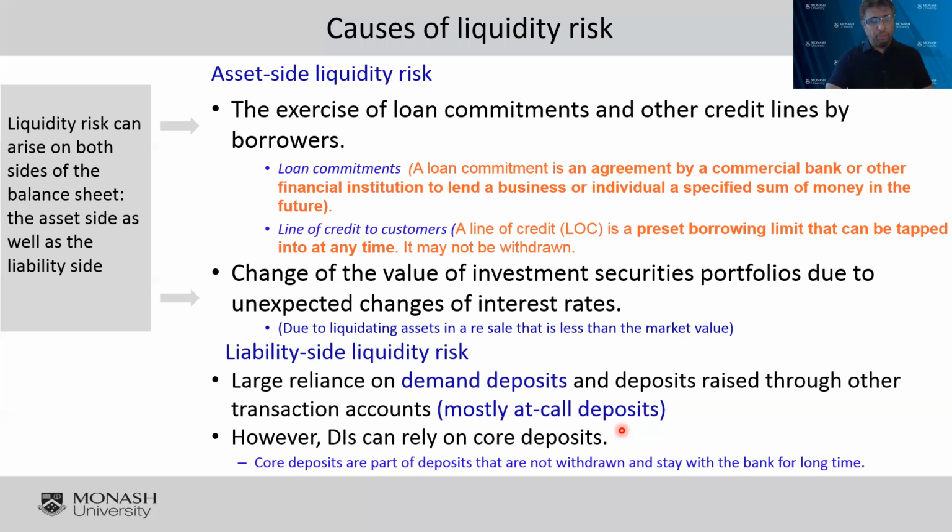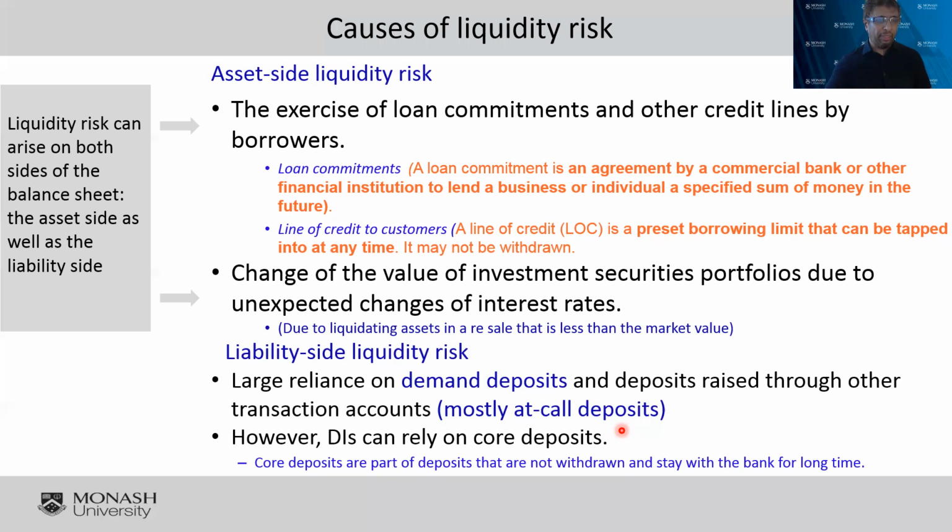So it will be topped up, and then you will continue. Now this applies to you when your money comes from your parents. Maybe you leave 50 ringgit if you receive 1,000. You talk about huge corporations, they may leave 15 to 20 million. So all of these amounts are actually not withdrawn. And because they are not withdrawn, this amount is called core deposit. So core deposits are the part of the deposits that are not withdrawn and stay in the bank for a long time.